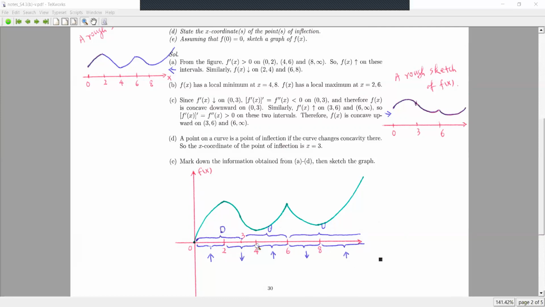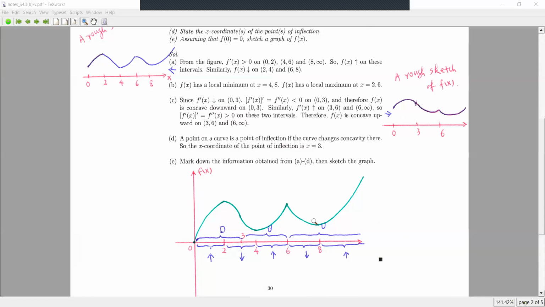3 to 4, the graph is decreasing and concave up. So decreasing, concave up. Then increasing, concave up between 4 and 6. Now, from 6 to 8, decreasing, concave up.